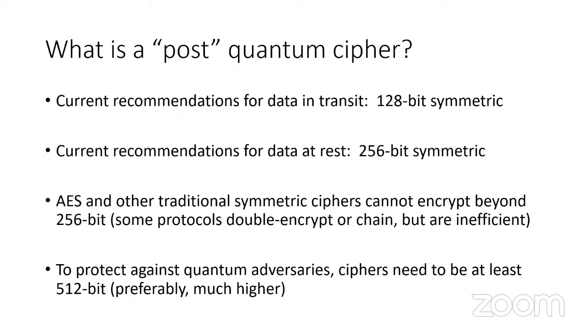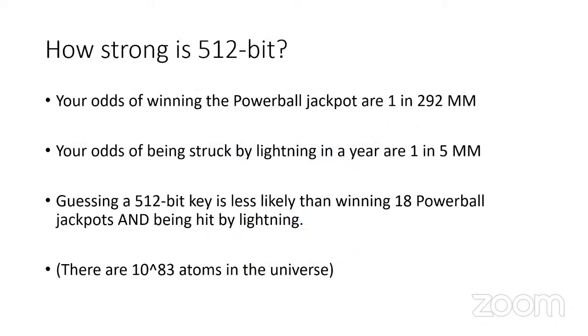Most of the post-quantum ciphers start at least at 256 and definitely are going to 512 and potentially higher. To put into perspective how strong 512-bit is, your odds of winning 18 Powerballs in a row and then being hit by lightning is the odds of guessing one of those keys.